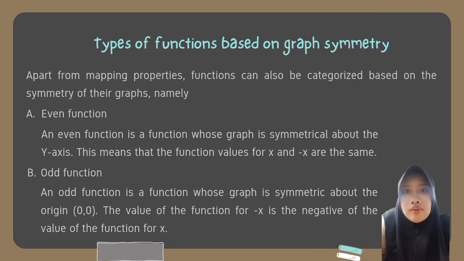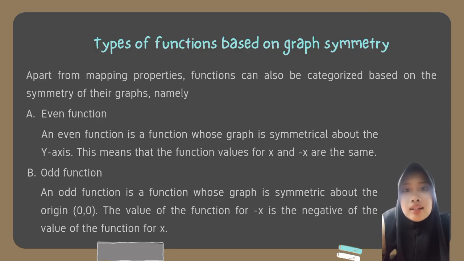Type of function based on graph symmetry. Apart from mapping properties, functions can also be categorized based on the symmetry of their graphs, namely 1. Even function. An even function is a function whose graph is symmetrical about the y-axis.